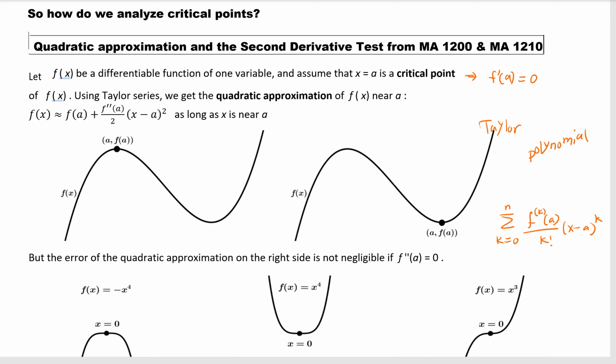So here we should have f prime of a times (x minus a), but because f prime of a is 0, this term is gone. Then this is the quadratic approximation.